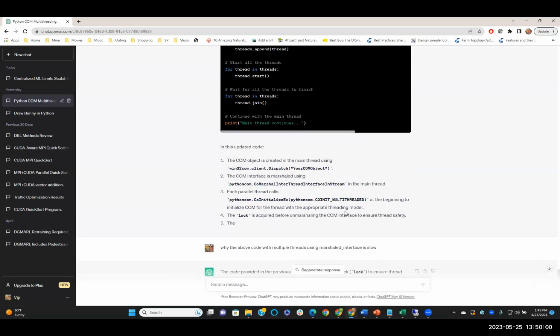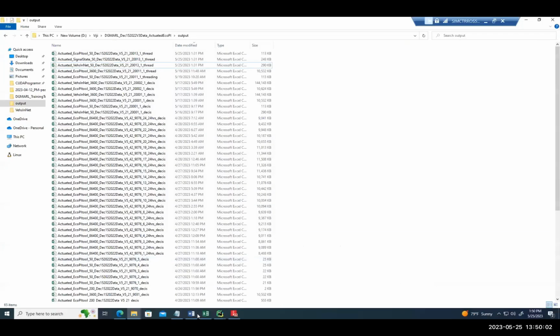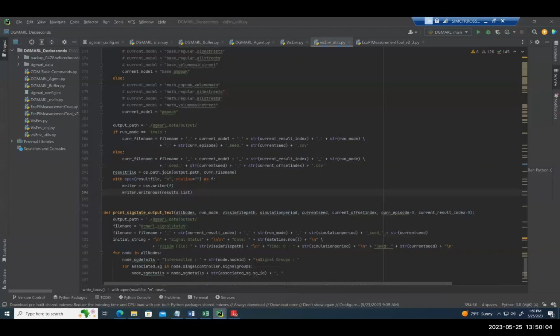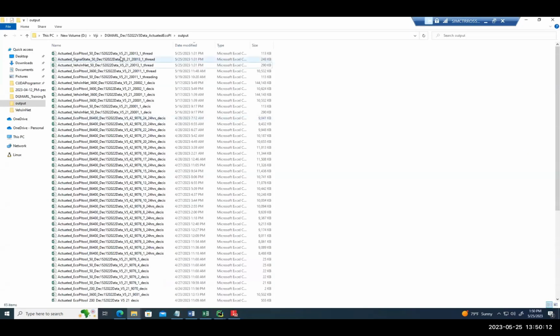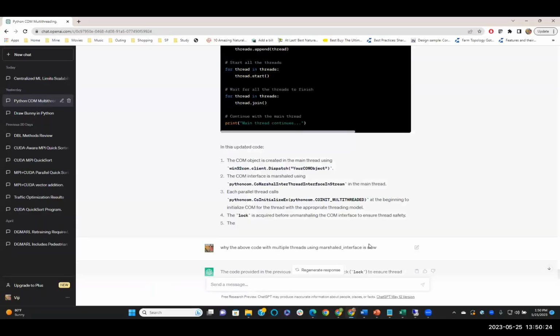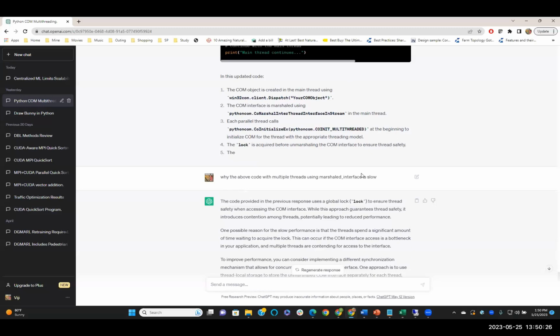Now I tested that code with my code version. My last run, you can see, ran without error. And my output, I just generated today. So through that updated code, it works fine. But I felt it is a little bit slow.